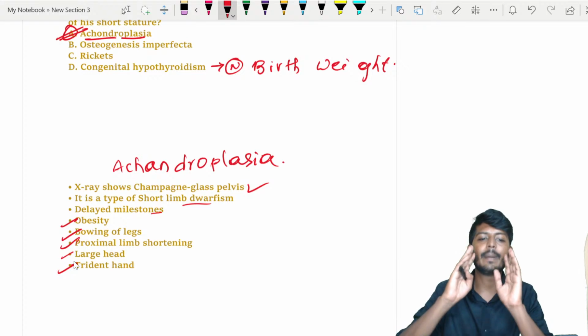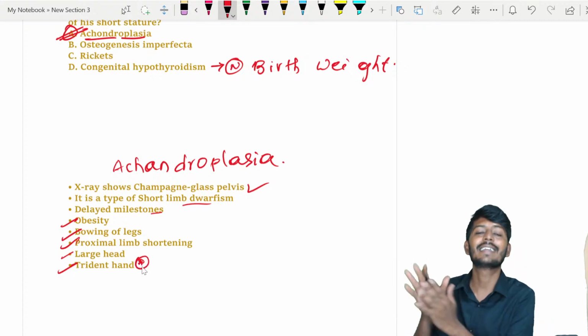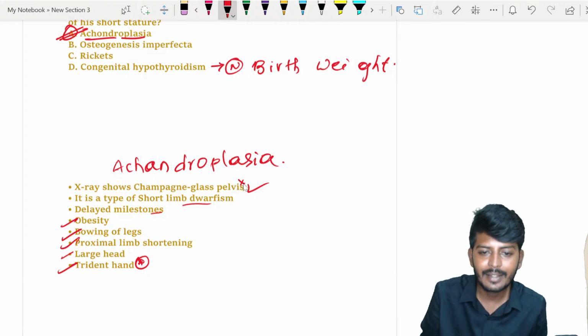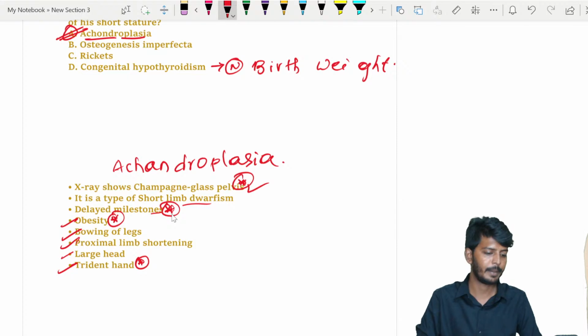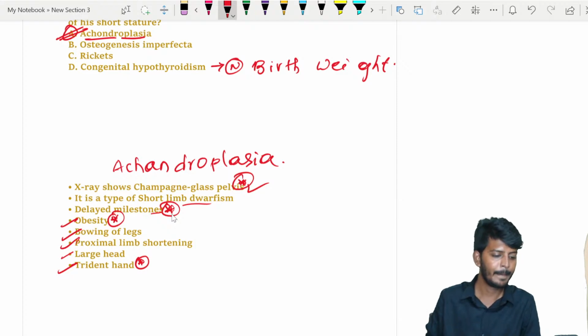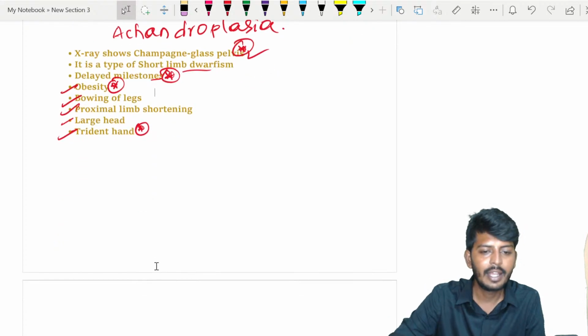So I want you to remember these things. Trident hand is a very specific sign. Bowing of legs can be seen in rickets also, don't get confused. So trident hand, champagne glass appearance of pelvis, and also obesity and delayed milestones. These are the points I want you to remember. Okay, clear? All right.